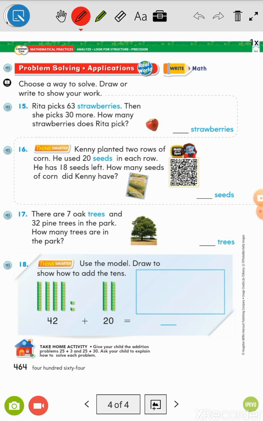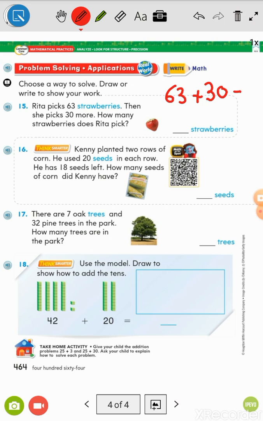Now, let's move to the problem solving. Question number 15. Rita picks 63 strawberries, then she picks 30 more. How many strawberries does Rita pick? She picks 63, then she picks 30 more, so plus 30 more.